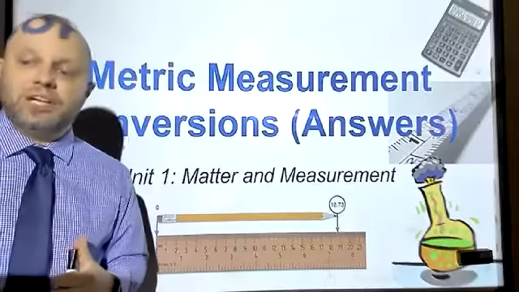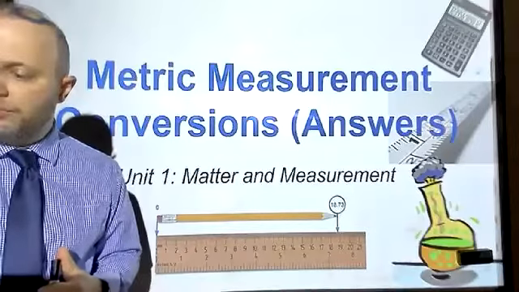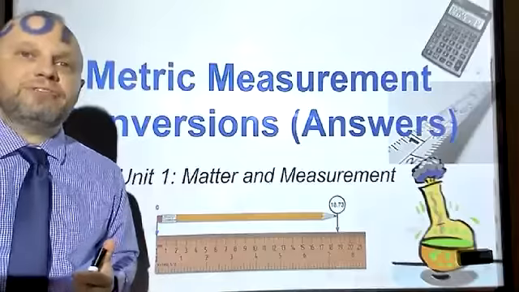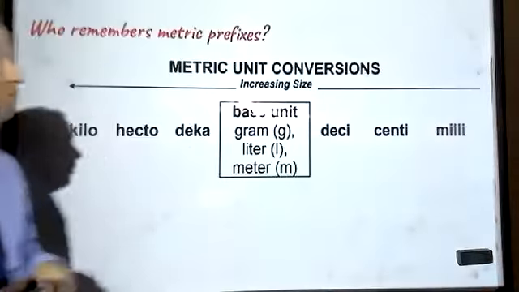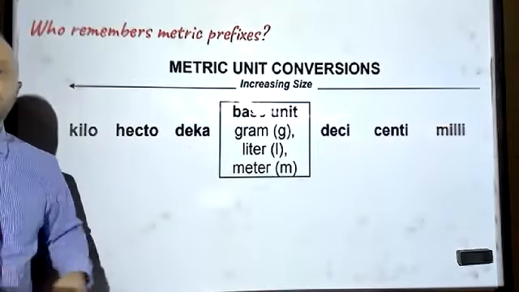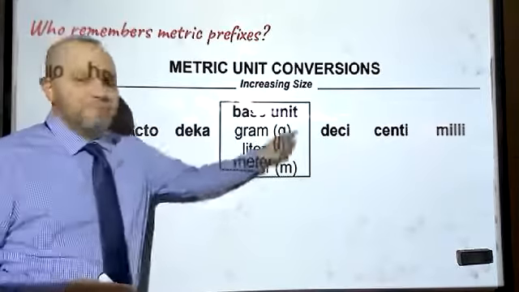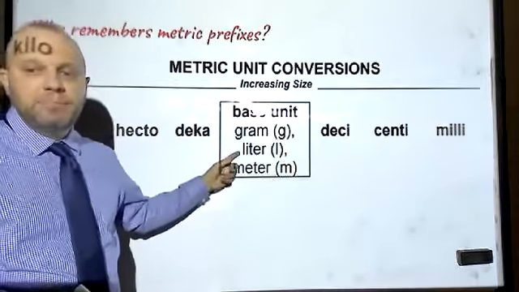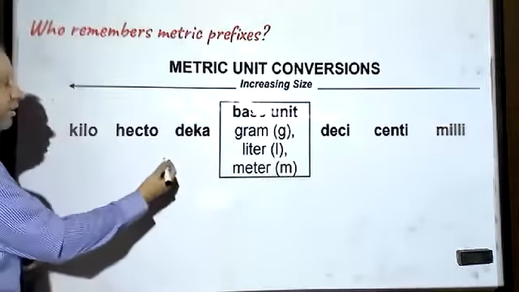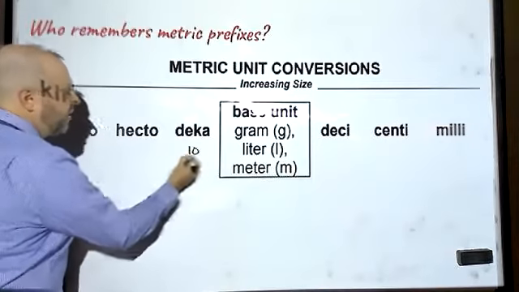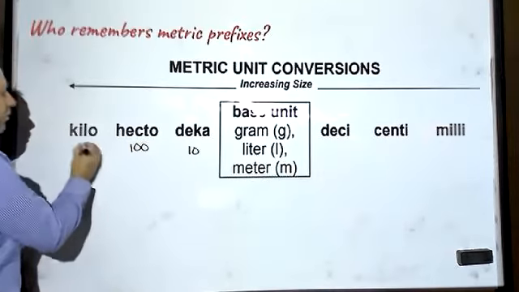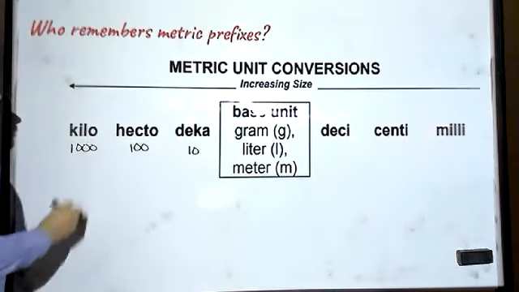All right, in this video, what we sought to do was to answer the 5 questions that we had for homework. And what we're going to do here is just a quick reminder of all of the different prefixes. So remember, in that base unit box, we have gram, liter, and meter. And then the larger units are deca, hecto, and kilo.